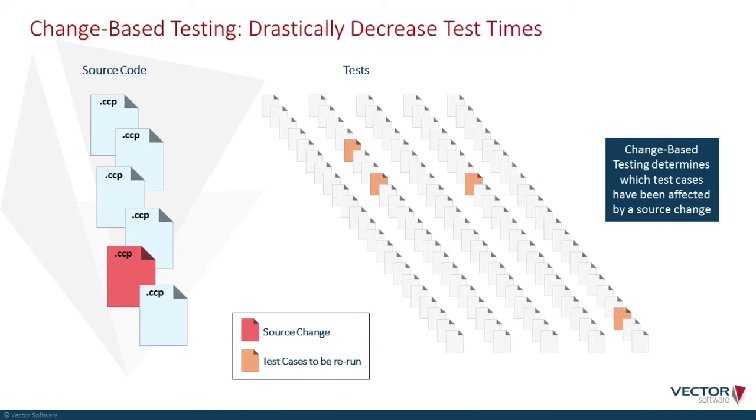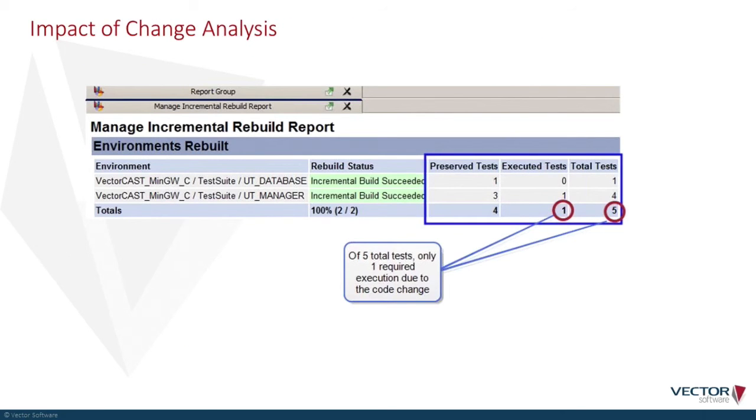So by way of example, we've got a file of code on the left that's just a small piece of the entire code base. The red one is something I've changed, and then we've got a whole bunch of tests on the right there, but only 4 test cases are really impacted by the source code change. So I just want to run those 4 instead of running all those other tests. Again, drastically decreasing the amount of testing time that takes.